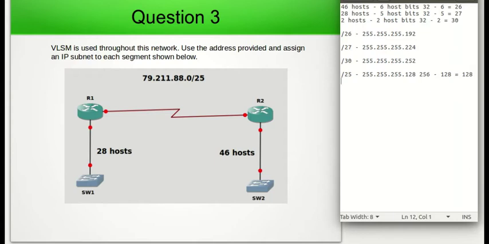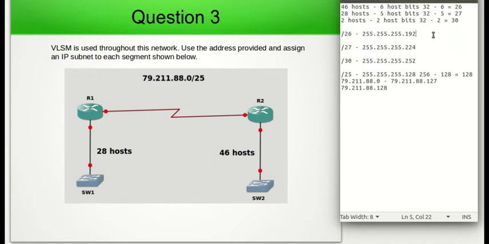That means the range of addresses that have been assigned to us are 79.211.88.0, and the next subnet in line would be 79.211.88.128. So the range is from 79.211.88.0 through 79.211.88.127.